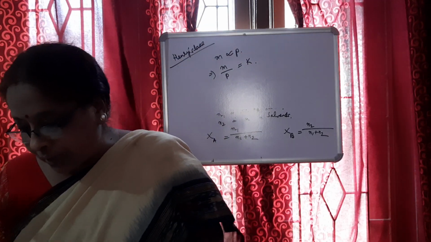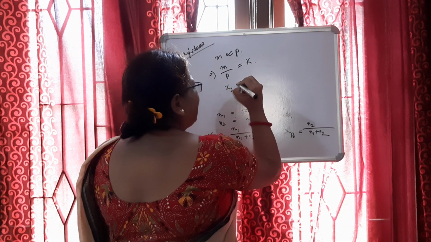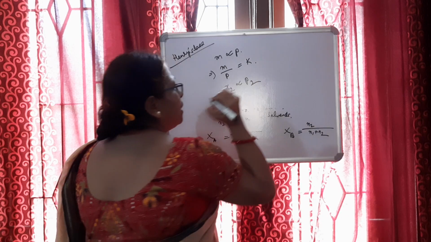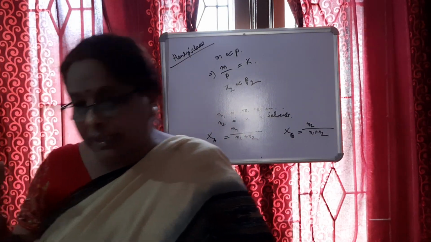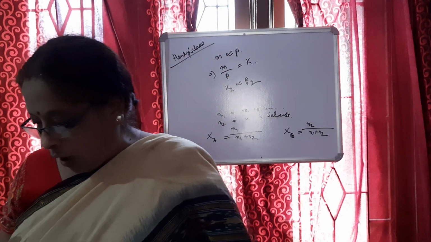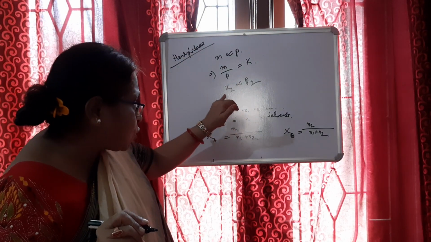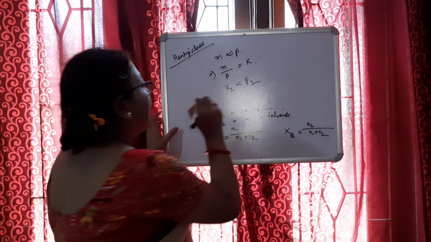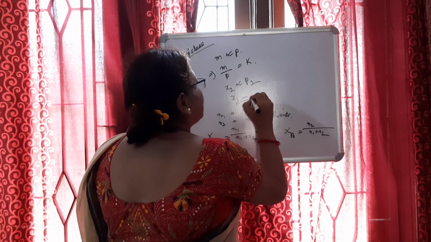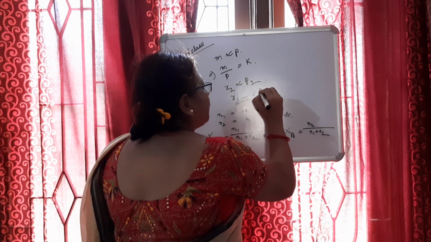Now, if X2 is the mole fraction of the gas in the solvent, and P2 is the partial pressure, then X2 is proportional to P2, or X2 is equal to some constant into P2.